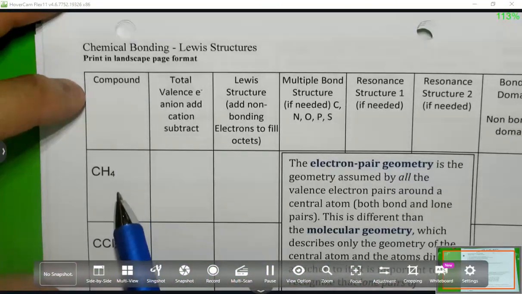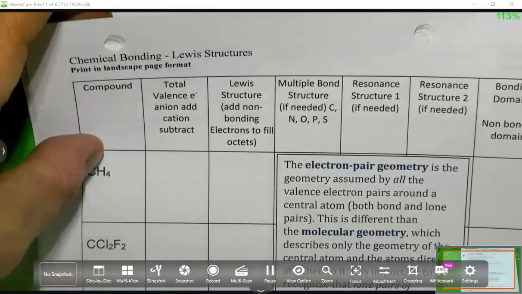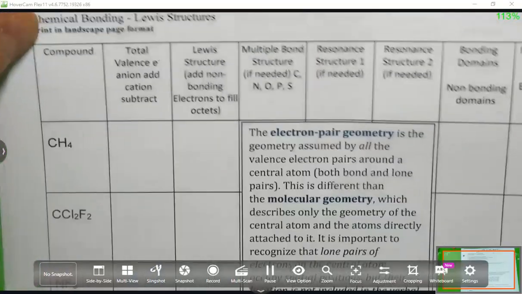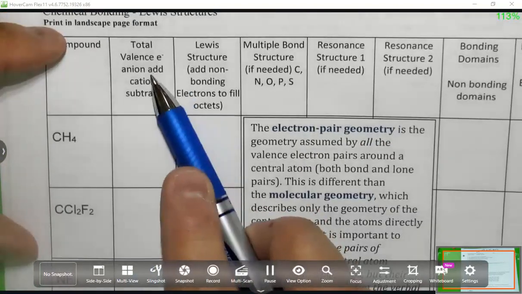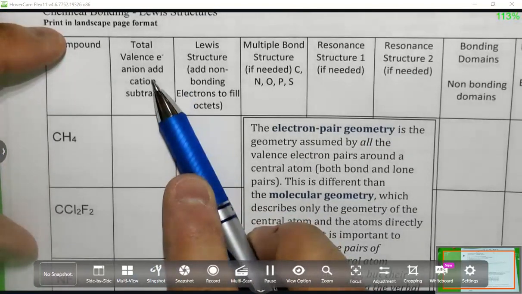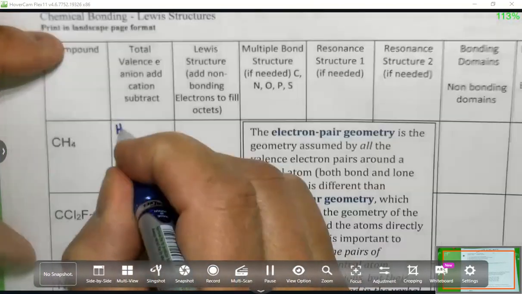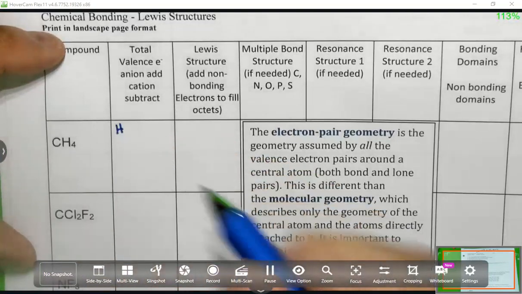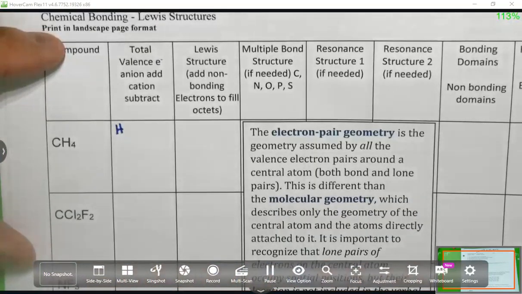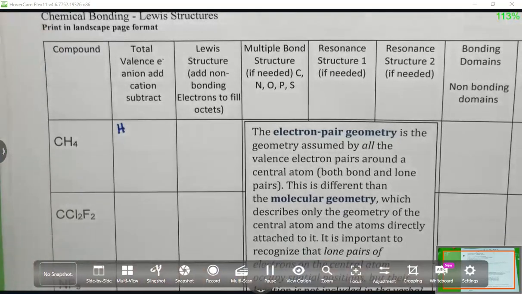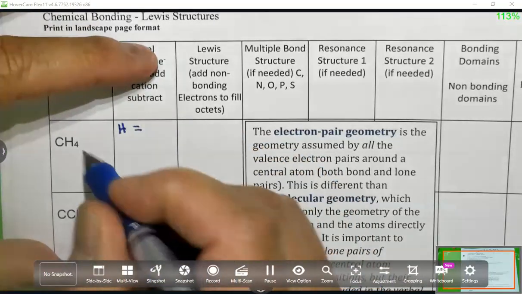Here's our compound that we want to write the Lewis structure out for, and it's CH4. Total valence electrons. Hydrogen. How many valence electrons for hydrogen? One, yes? Because hydrogen's in group 1. How many hydrogen atoms do we have?